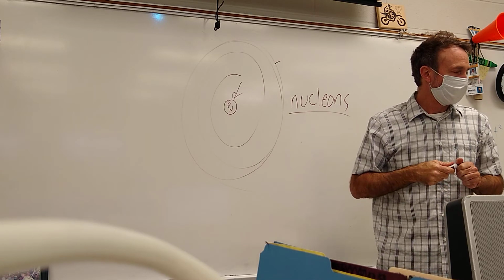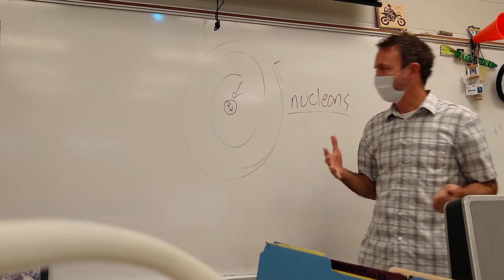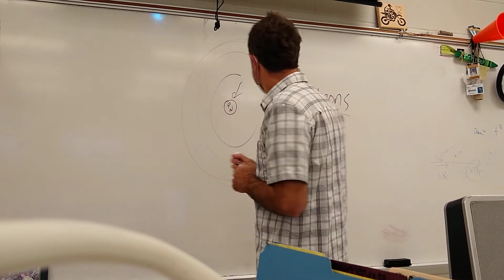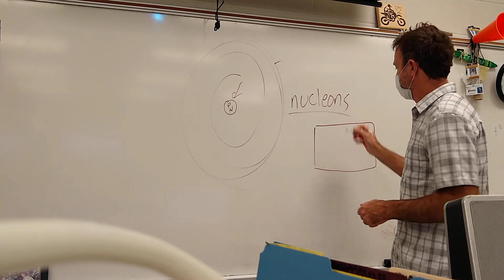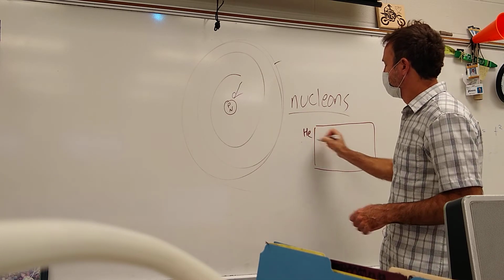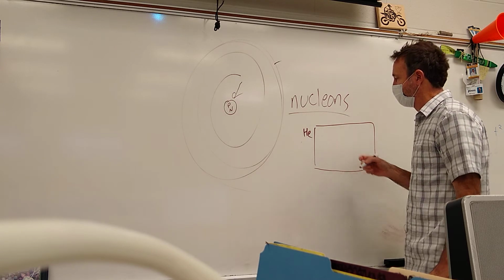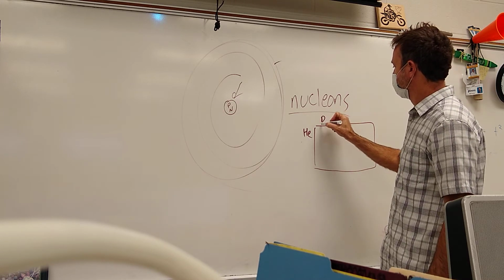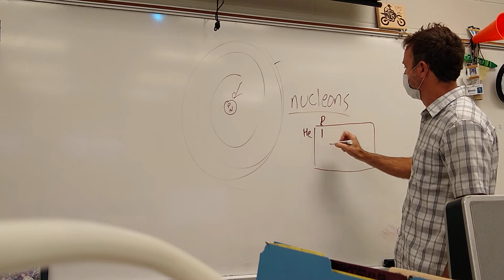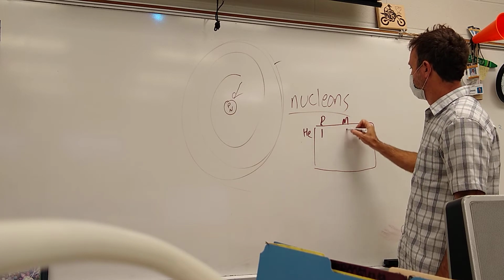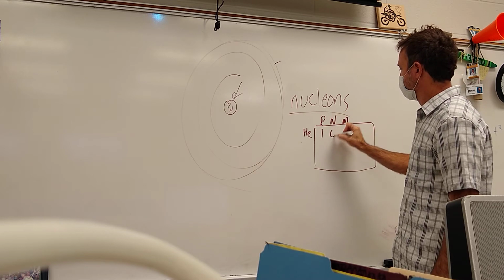So that's just a quick little lesson. Tonight you're going to see a little chart like this with, say, helium. This may not be exactly how it looks, but if it said protons 1 and the mass was 1, then you know the neutrons were 0.